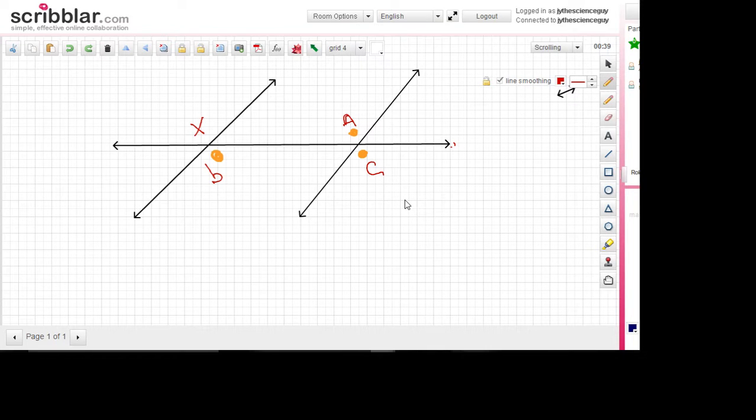So anytime you see a parallel line question, I always just mark the angles that are equal, because if they're not equal, then they're equal to 180. So like if I write D here, if I add D to any of those other angles, let me make D a different color. If I add D to any of the other red angles, it's always going to be equal to 180 because they're already supplementary.